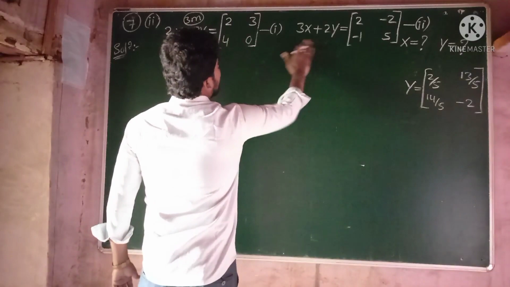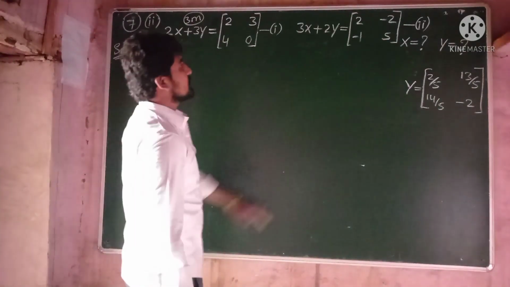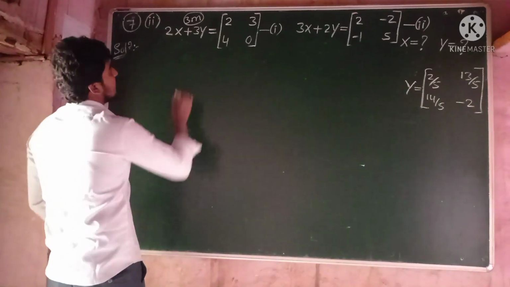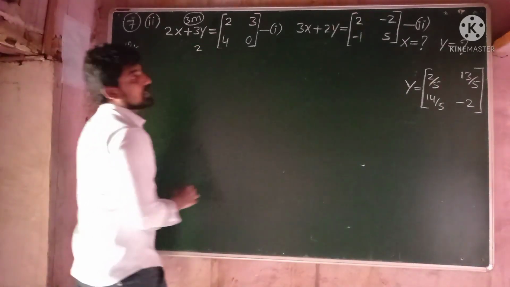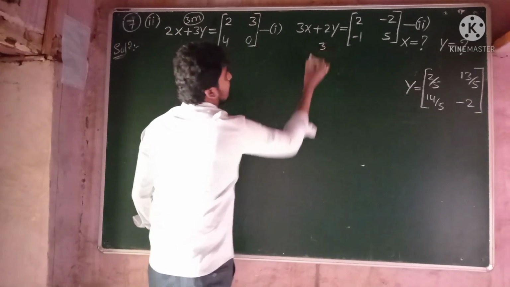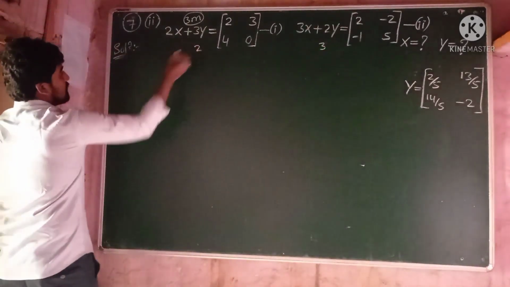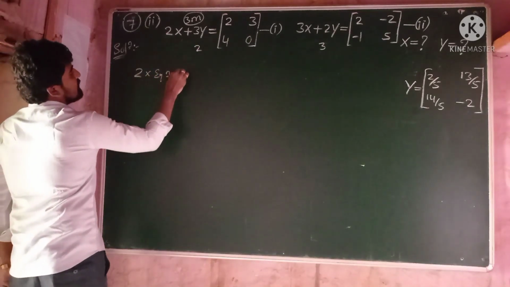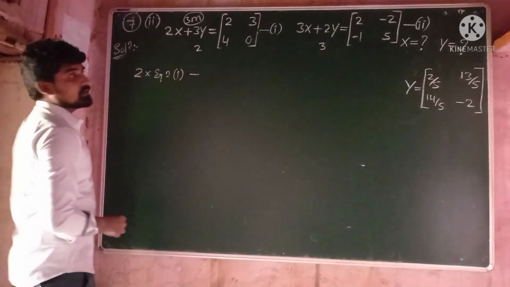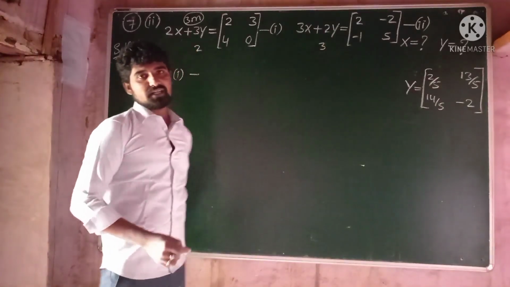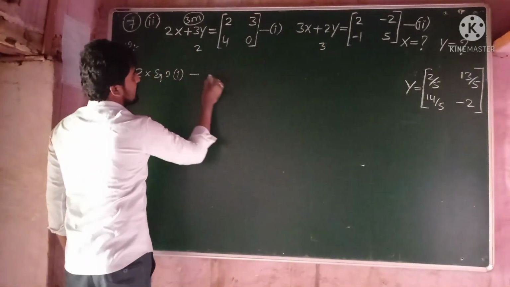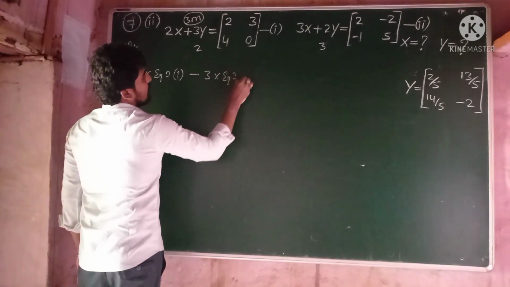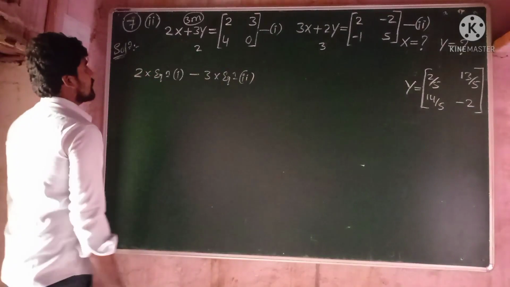To equate the coefficient of matrix Y on both the equations, multiply equation 1 by 2 and equation 2 by 3. Then 2 into equation 1 minus, because 6y minus 6y gets cancelled, that's why minus 3 into equation 2.